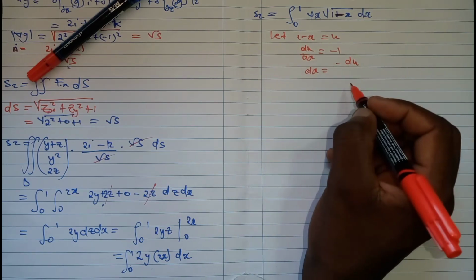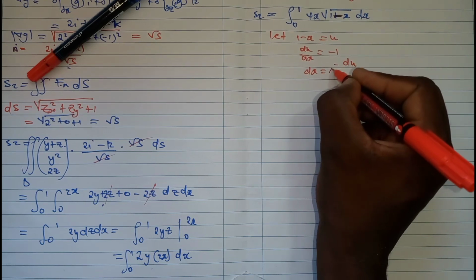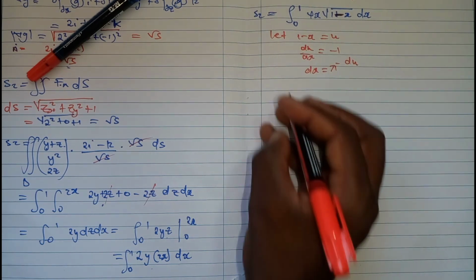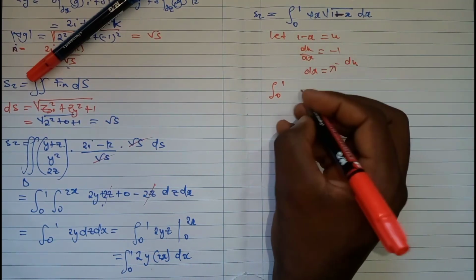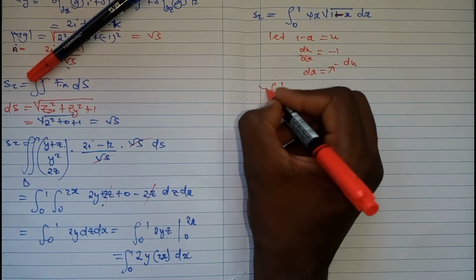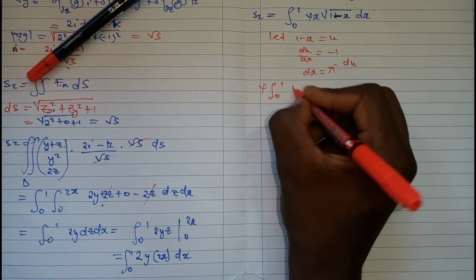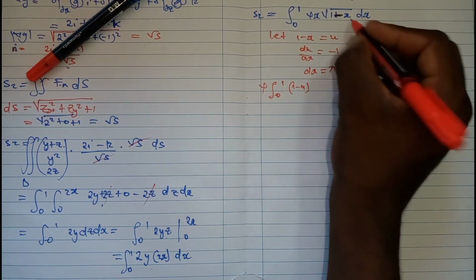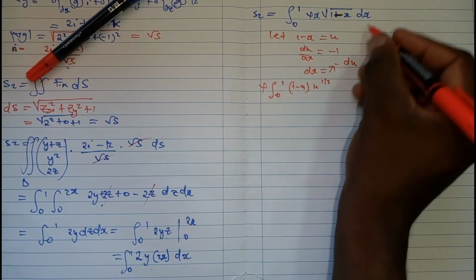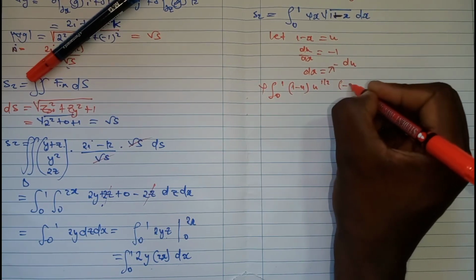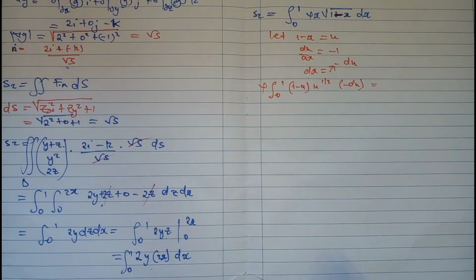Okay, after doing that, we're going to say our limits from 0 to 1, and now we can pull out 4 since it's a constant, and for x, that means x is going to be 1 minus u, and here I'm going to write u to the power half. And for dx we're just going to write negative du.